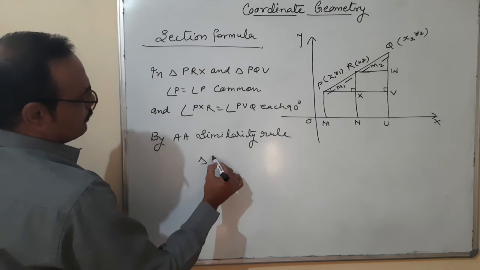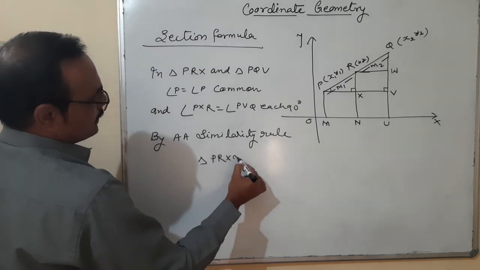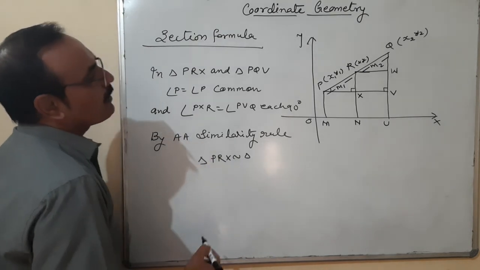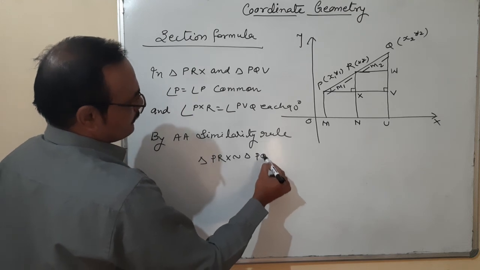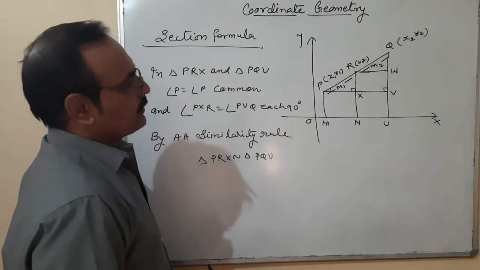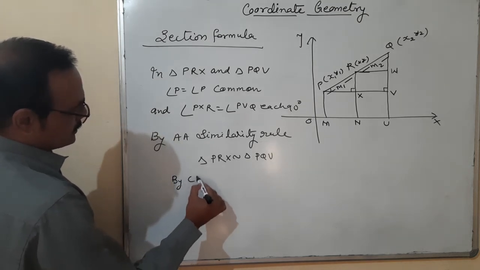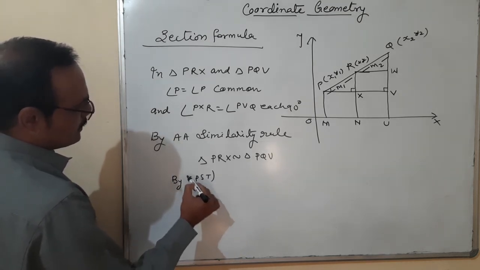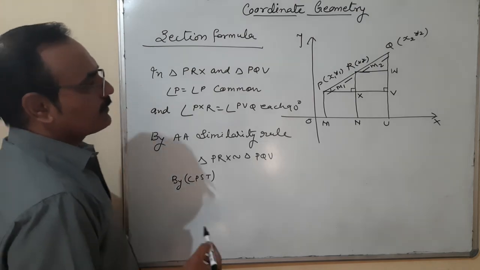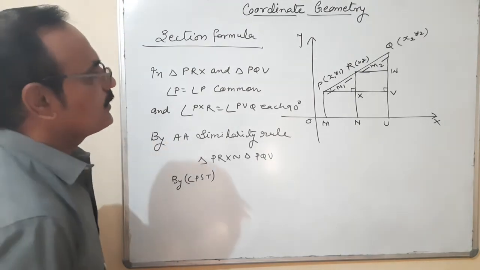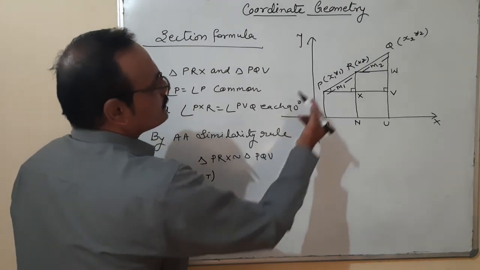Triangle PRX is similar to triangle PQV. Therefore, by CPST, corresponding parts of similar triangles, sides are in the same ratio. So I write their sides in the same ratio.